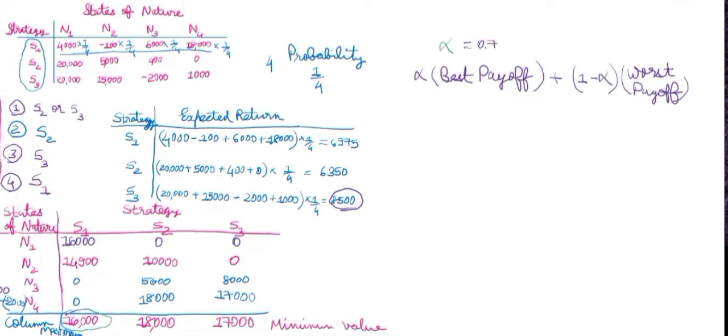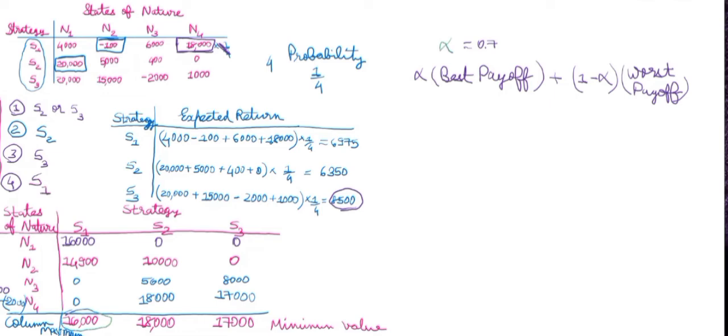In order to find the best payoff, as you can see over here in this table, which I have written with pink color, this maximum value will be your best payoff for the first strategy. So 18,000 is my best payoff, and this minus 100, which is the minimum value in the first strategy, will be my worst payoff.